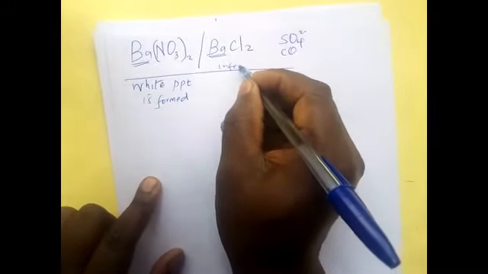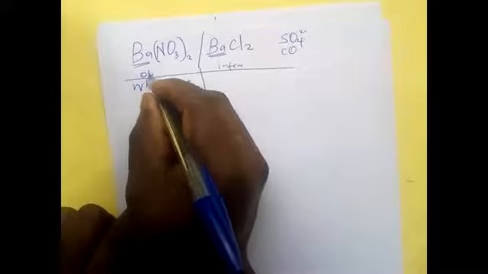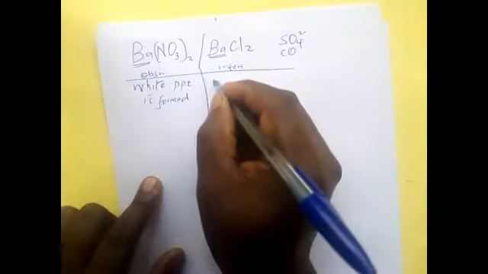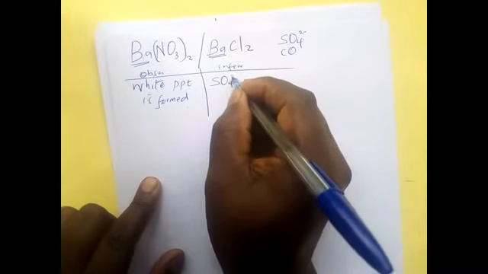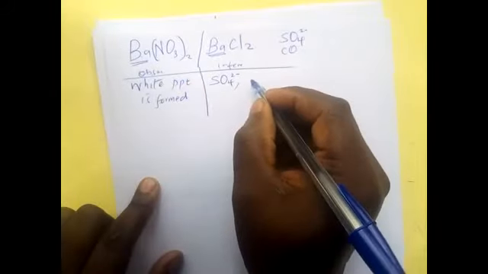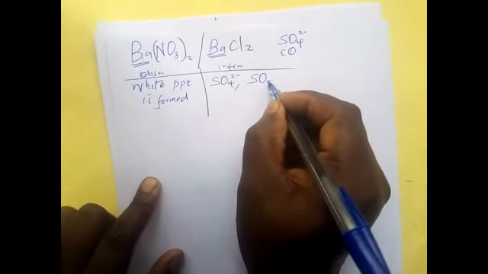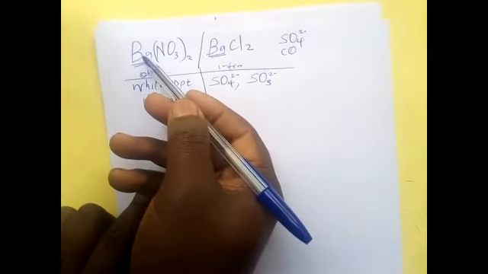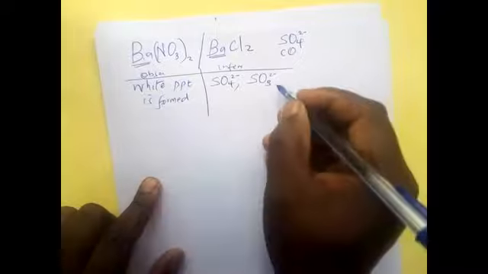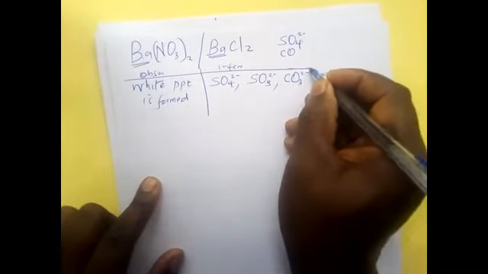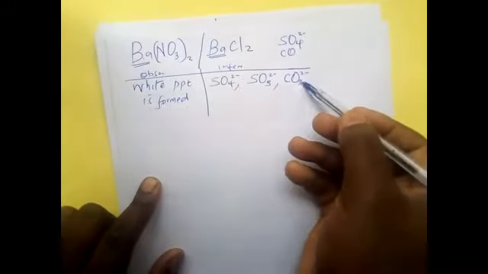So inference: this barium entered there and met with the sulfate ions, then it formed barium sulfate, which is insoluble, or it met the sulfite ions, and then it forms barium sulfite, which is a white precipitate, or it met a carbonate, then it forms barium carbonate, which is insoluble.